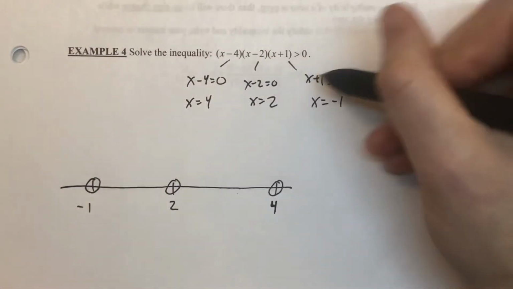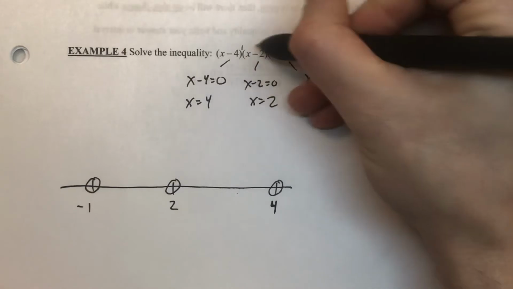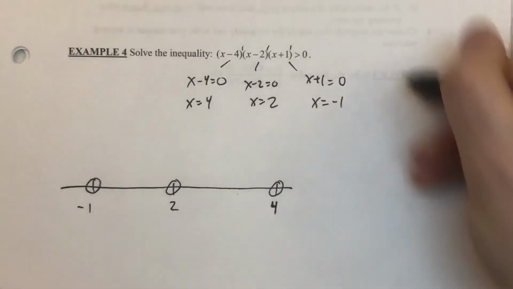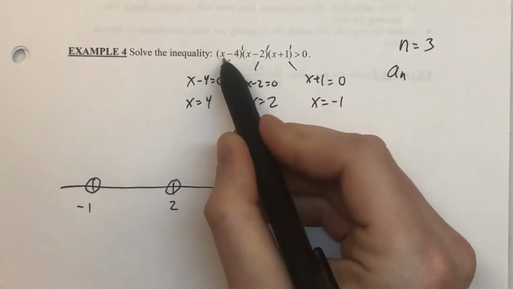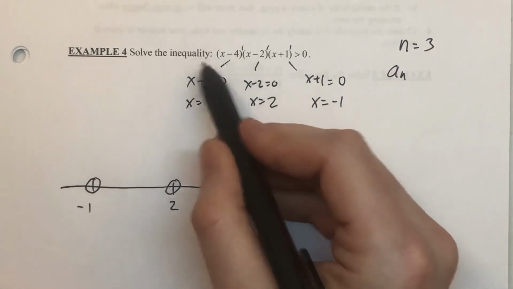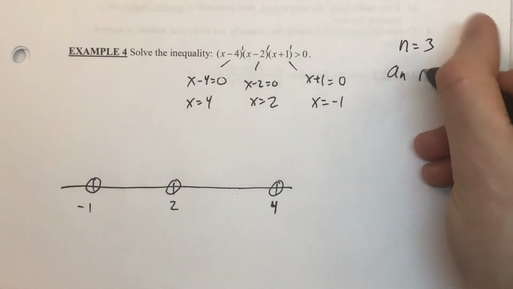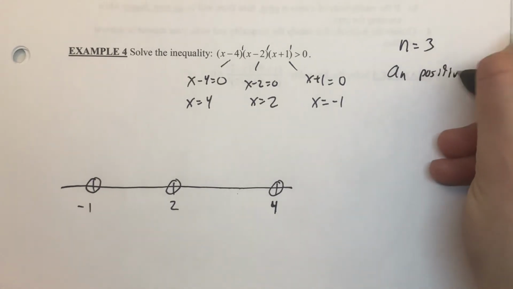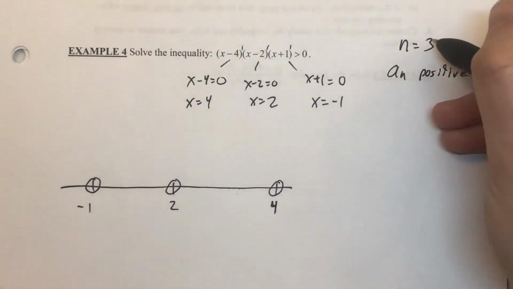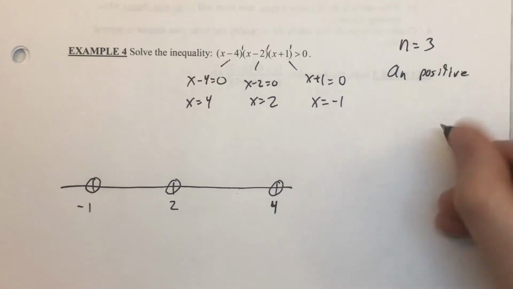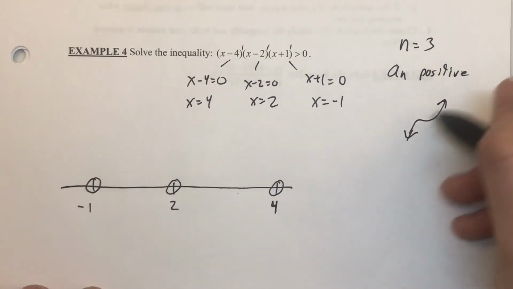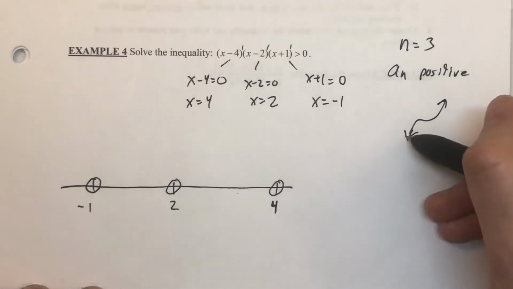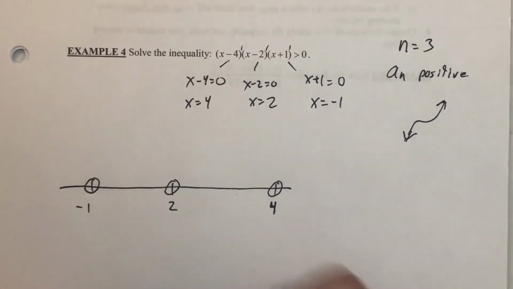Back to the end behavior idea, now there's just 3 factors, 1, 1, and 1, all to the first. So n equals 3, and again, with x's being positive and no number out front, a sub n is positive. So an odd power with a positive coefficient would have that same end behavior as our normal x cubed: falls to the left, rises to the right.